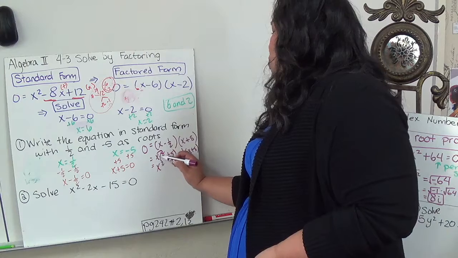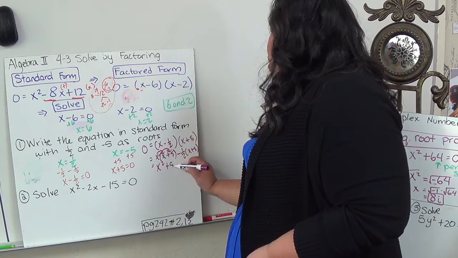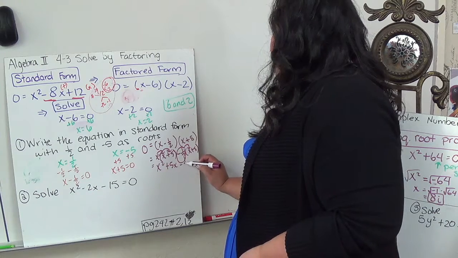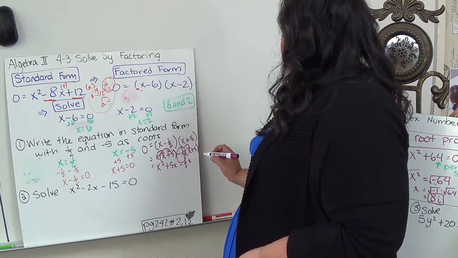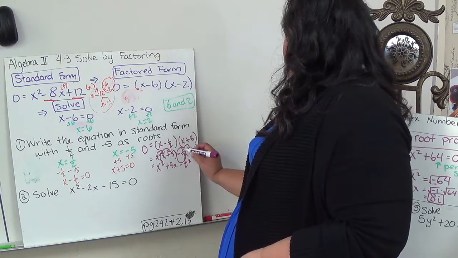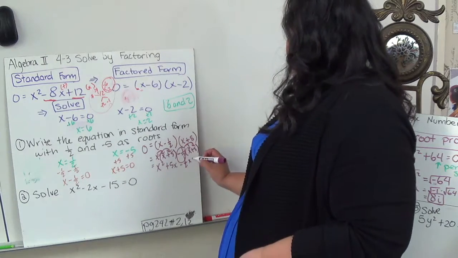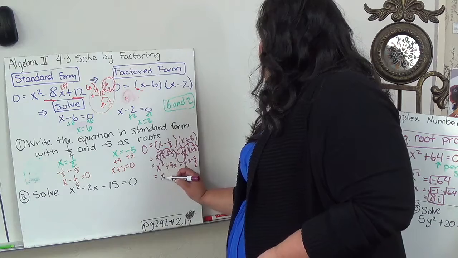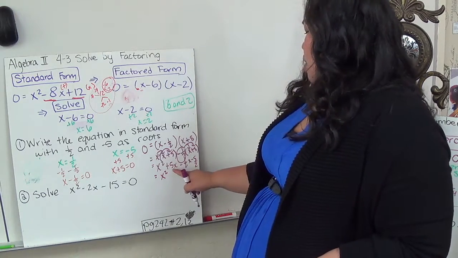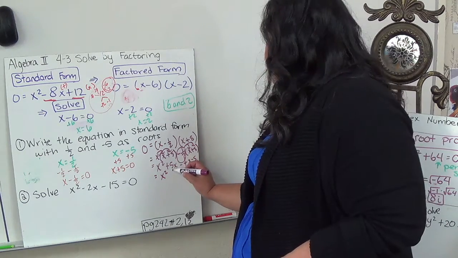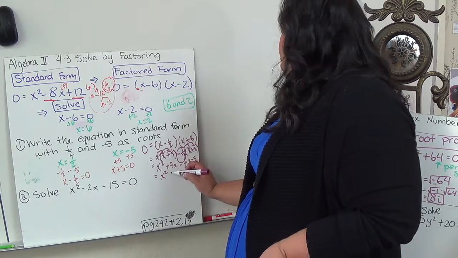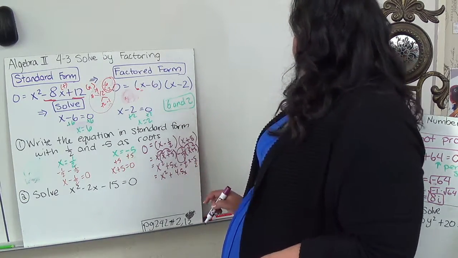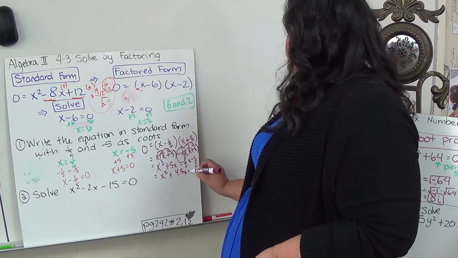So I end up with x squared plus 5x, and then negative 1/2 x, and then negative 5 over 2. So then I end up with x squared, plus 4.5x, and then minus 2.5. I'm going to put it in decimal.